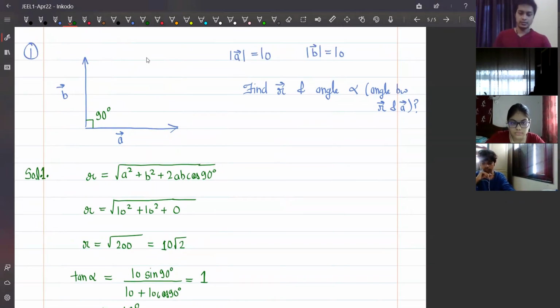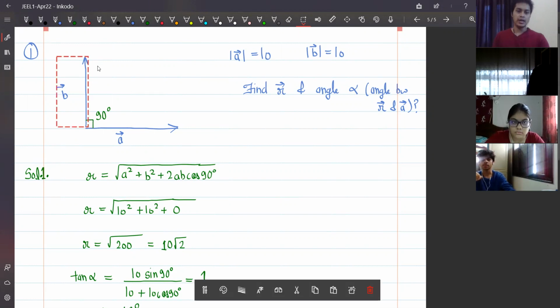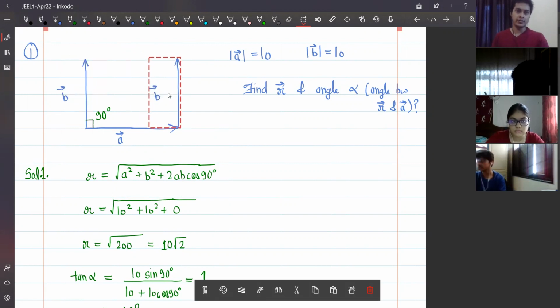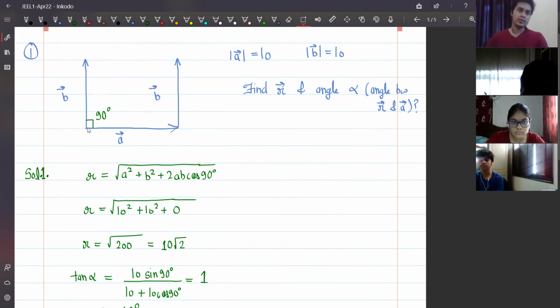That means if I take this vector and put it over the head of this vector, the resultant will be from initial tail to final head, like this.